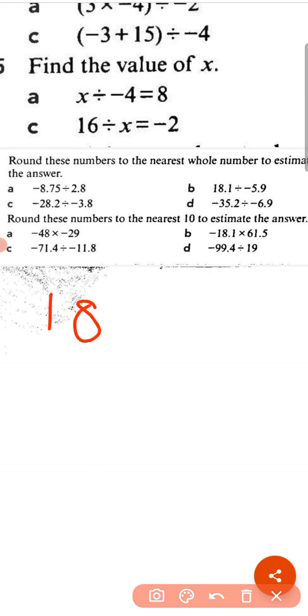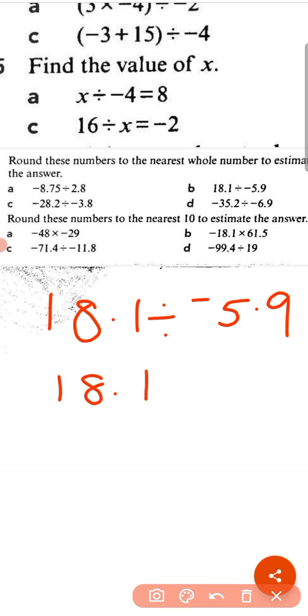18.1 divided by negative 5.9. 18.1. Check the 10th place, which is 1. 1 is less than 5. If the digit in the 10th place is less than 5, replace this digit by 0 and write the remaining digits.